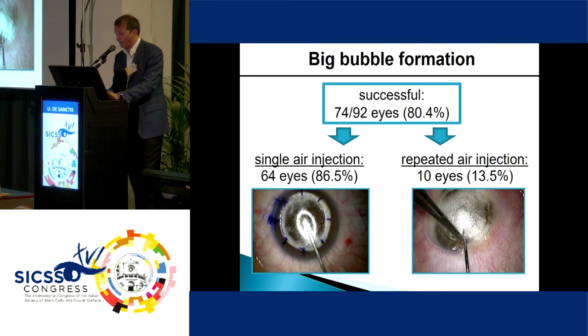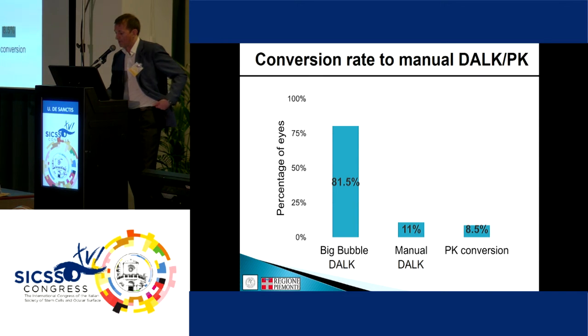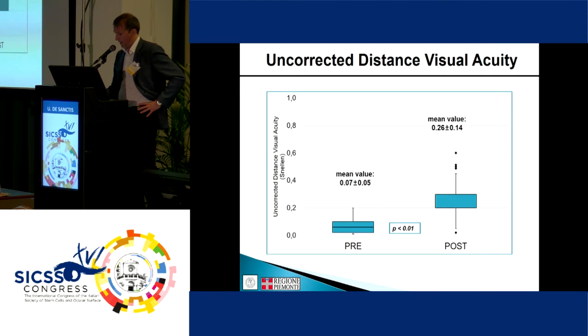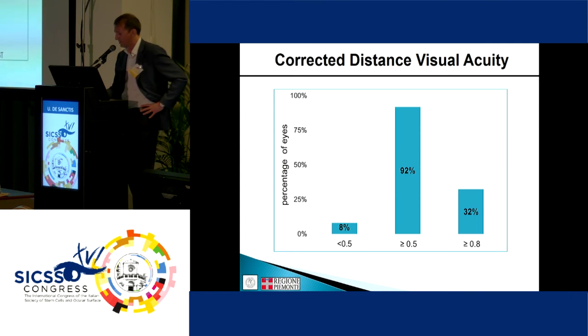This is some data. Big bubble formation 80%, 74 out of 92 eyes, a single air injection in 64% of the cases, conversion rate almost 20%. Uncorrected distance visual acuity significantly improves. Best corrected distance visual acuity, you see, there is a marked improvement.